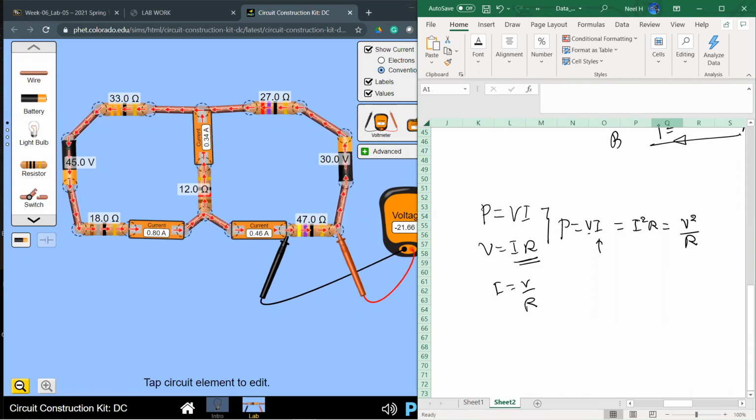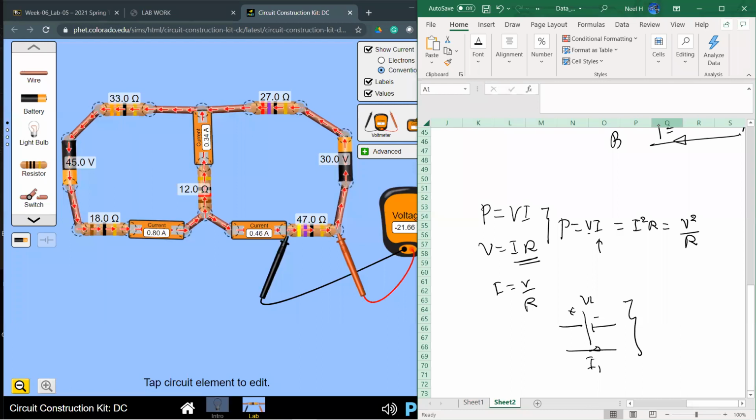So we can do it differently depending on what we need to calculate. For example, if I have a battery in the circuit, and the battery has a certain current passing through, let's say the battery voltage is V1 and the current passing through is I1, the battery does supply the energy, right?